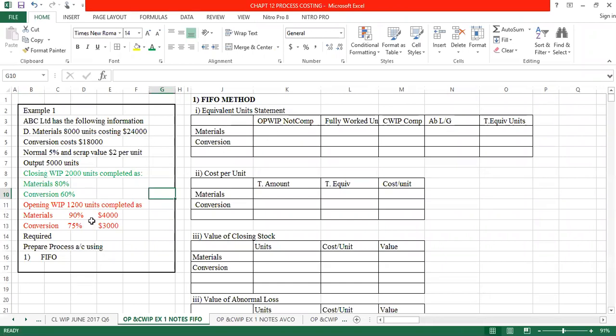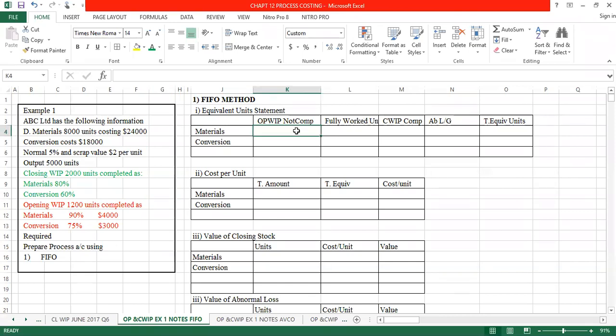Opening completed materials is 90%. Somebody type for me, if 90 is complete, what is not complete? 10%, thank you. 10% is not complete.